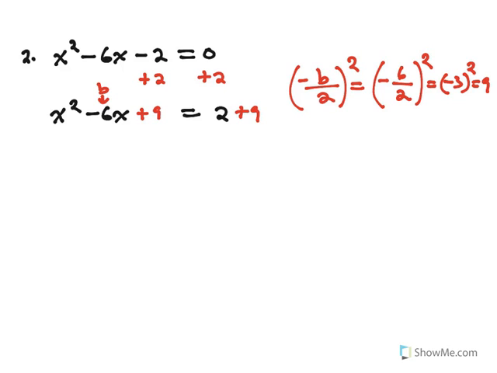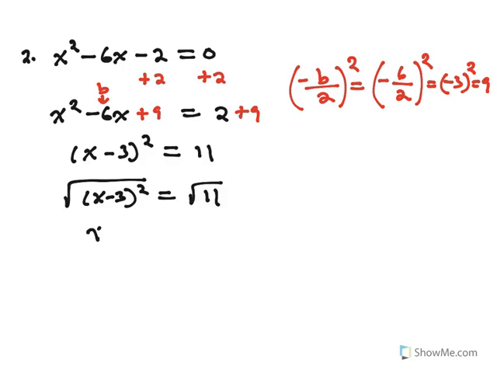And this whole left side can be written as a perfect square trinomial. So when we factor it, we can express that as x minus 3 squared equals 11. Okay? And then now we can go ahead and take the square root on both sides.